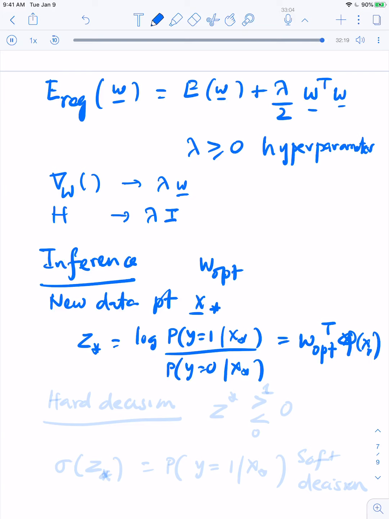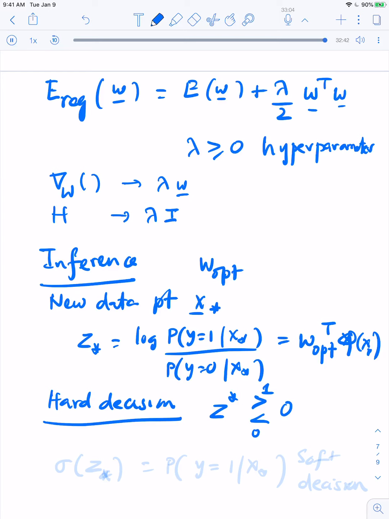So basically, I can do a hard decision directly. The hard decision is simple. Basically, I check whether z star is greater than or less than 0, and I'll say 1 or 0 based on that.